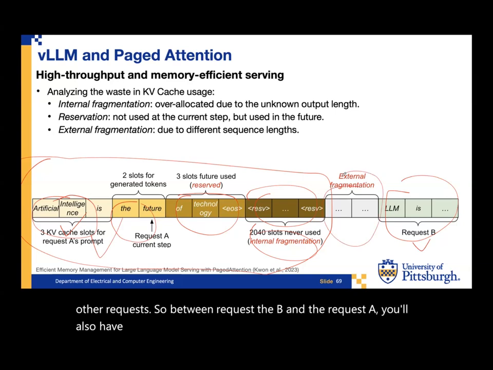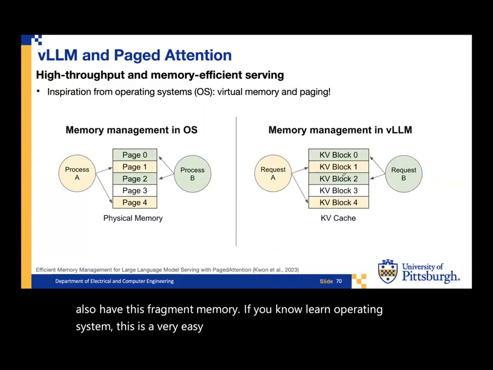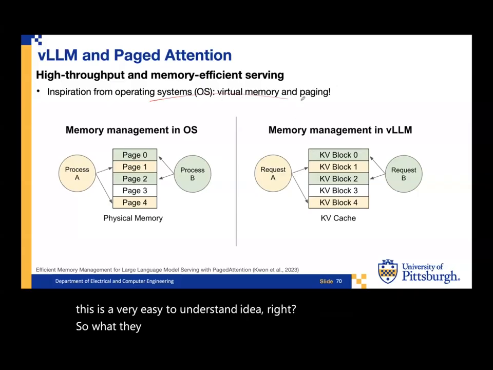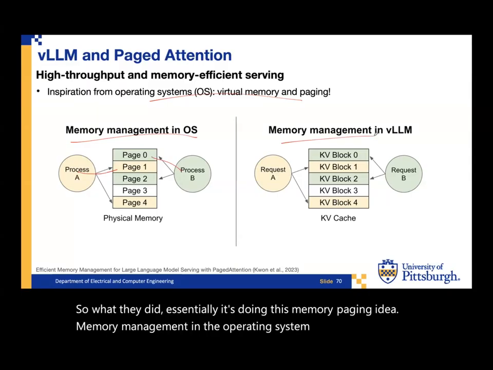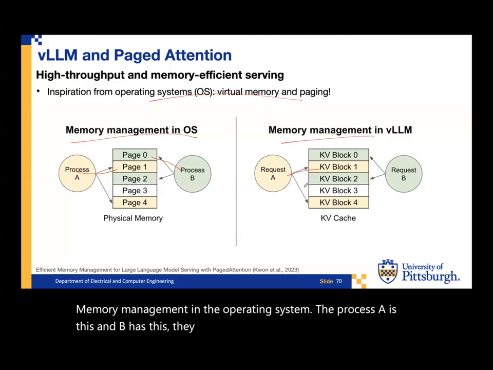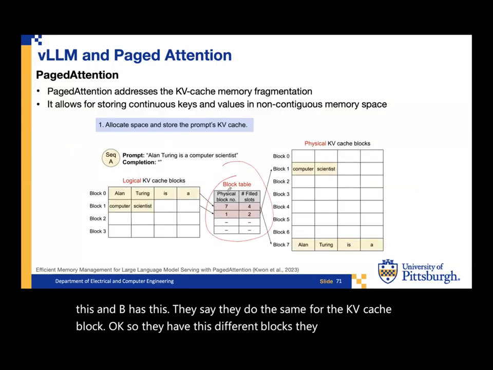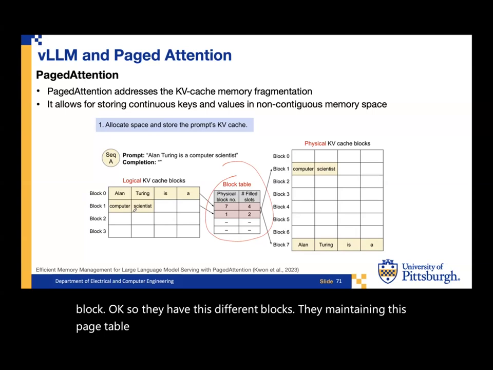If you've learned operating systems, this is a very easy idea to understand, right? What they did essentially is this memory paging idea, like memory management in the operating system. Process A has this and B has this. They do the same for the KV cache blocks. They have these different blocks and maintain a page table, which they call a block table.